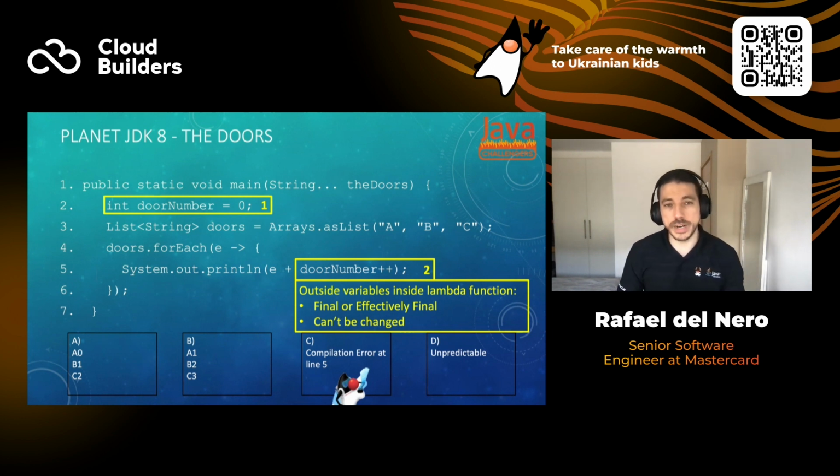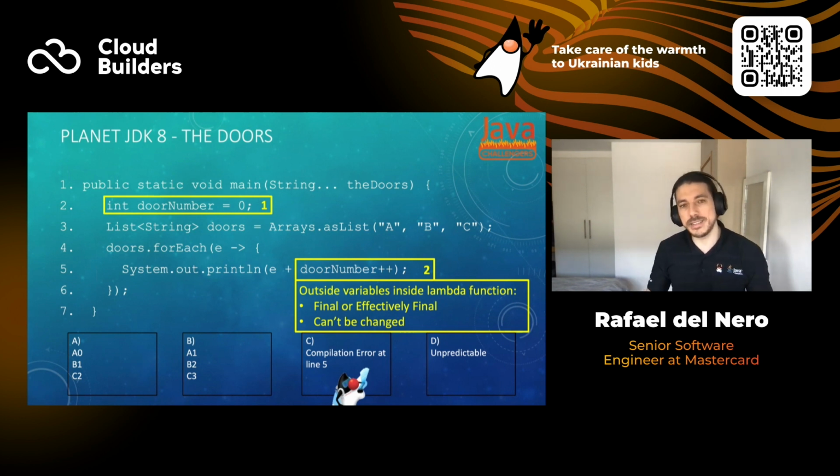But if you try to change this variable inside the lambda expression, you're going to have a compilation error. It's important to emphasize that if you declare a variable inside the lambda expression, you are able to do whatever you want with this variable. It's only external variables that you can't change at all.